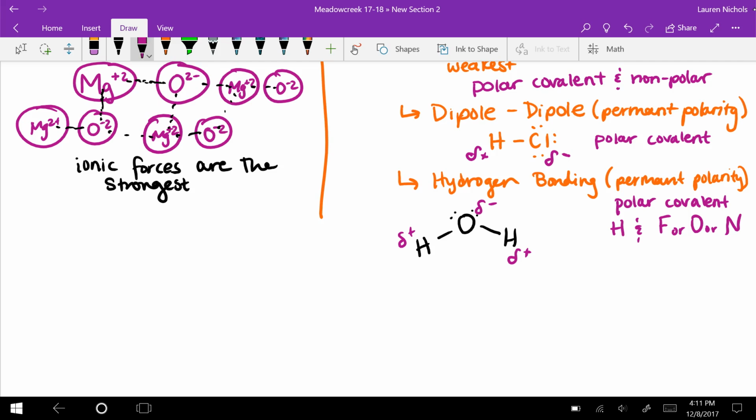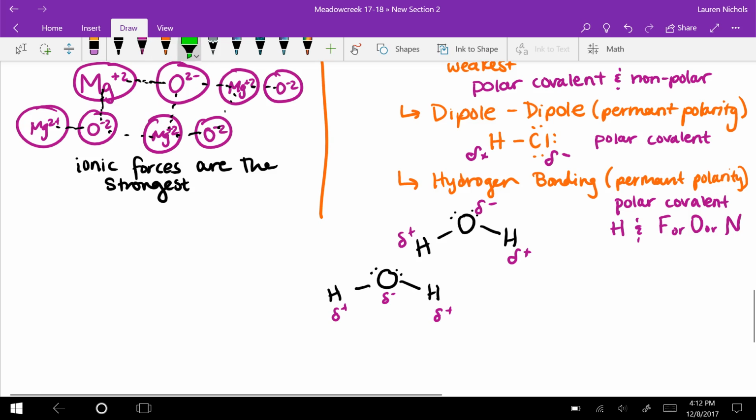So let's say there's a neighboring molecule. You have another water molecule nearby. Well, again, this water molecule is also polar, so it's got partial positives on the hydrogen and a partial negative on the oxygen.